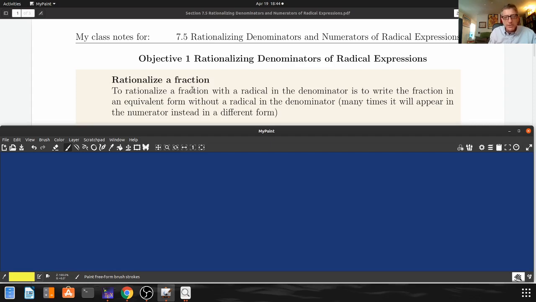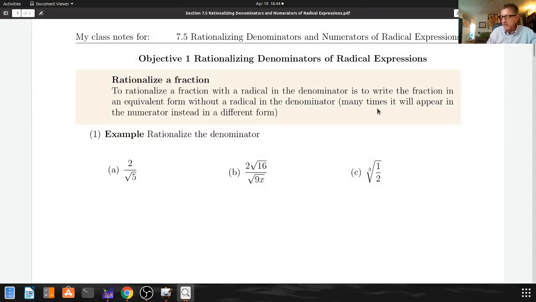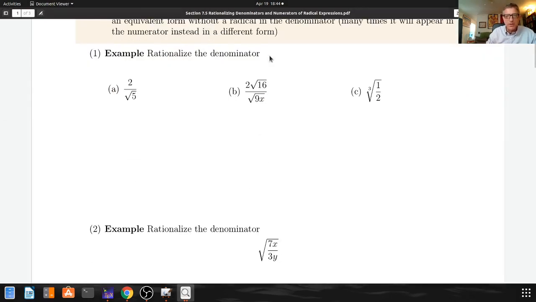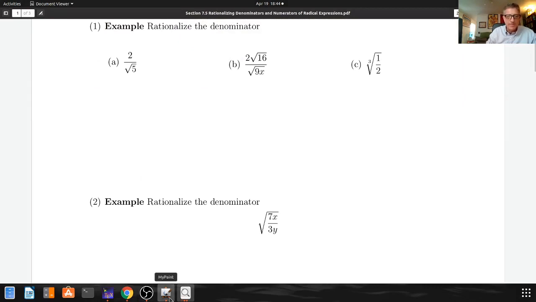So we're going to rationalize a fraction. To rationalize a fraction with a radical in the denominator, any radical whatsoever, is to write the fraction in an equivalent form without a radical in the denominator. Some of you may have already done this, and if not, you're all going to be doing it right now.